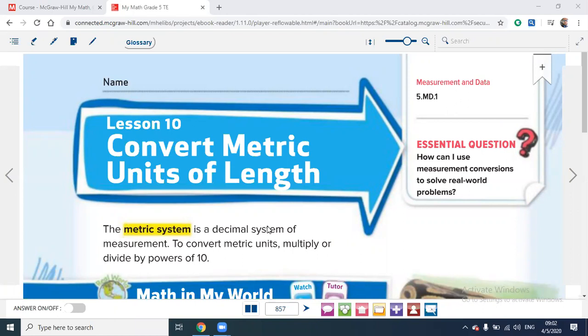Today our lesson is talking about convert metric units of length. What is a metric system? Metric system, we use it in our life in the Middle East, or our countries. The metric unit is a decimal system of measurement.